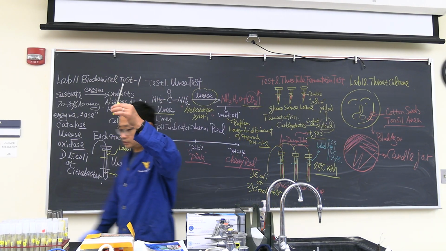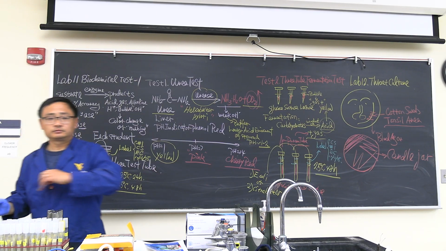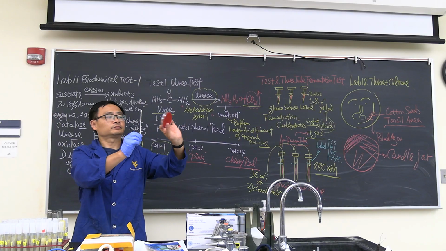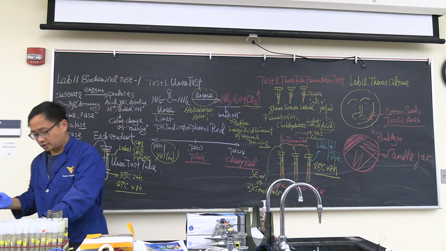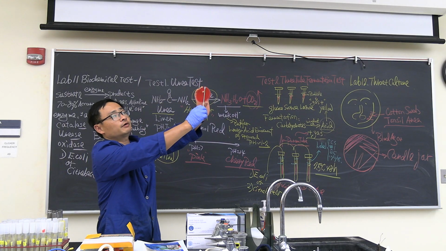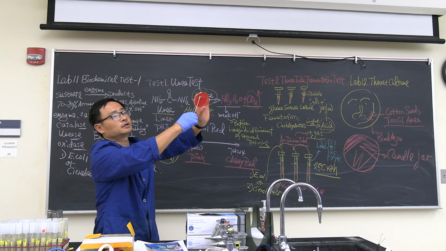Once you do the cotton swab, let's say you have a sample, you're going to have to do streak plating onto here. This is already contaminated, so it doesn't matter. I'll just do a demo. Very intensive at the beginning, okay?